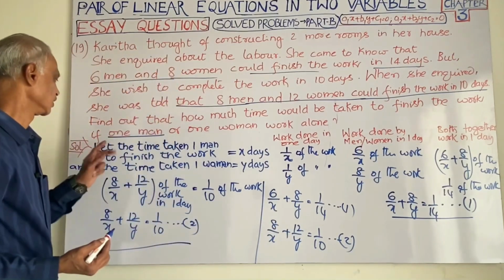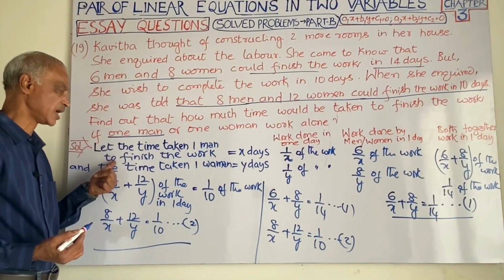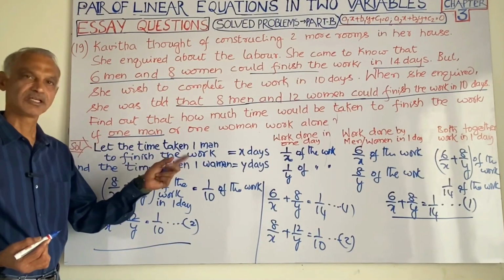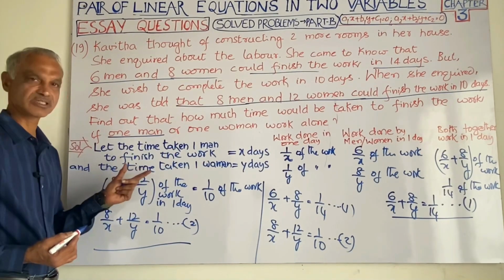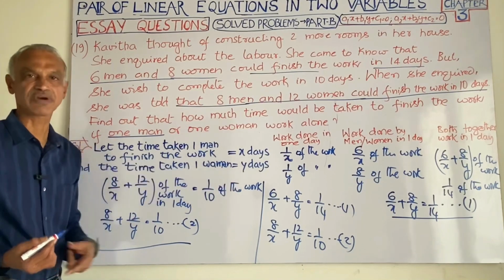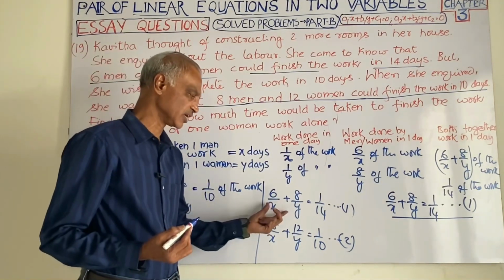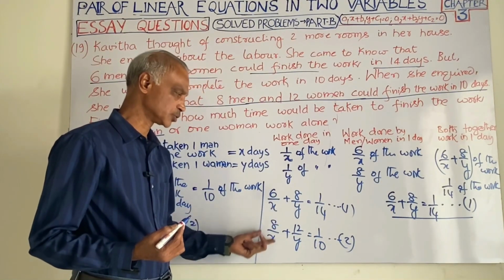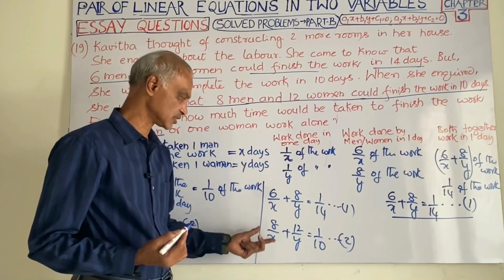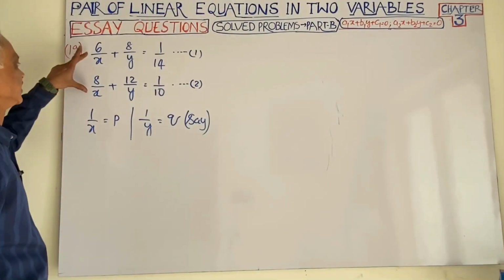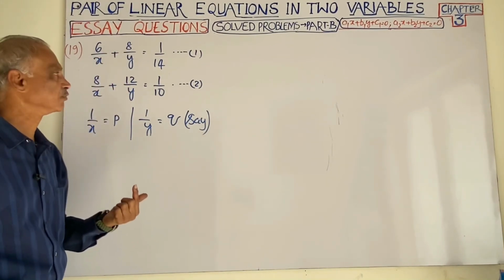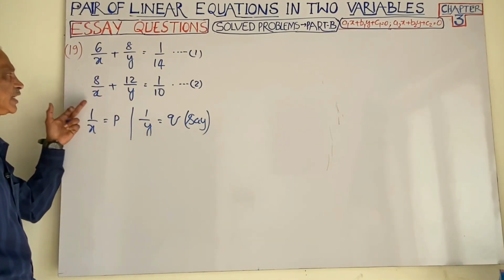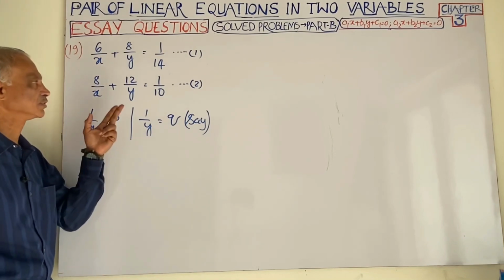We will get the time taken by a man to finish the work, that is x days, and the time taken by a woman to finish the work, y days. We have to find the values of x and y from this pair of linear equations: 6 by x plus 8 by y is equal to 1 by 14, and 8 by x plus 12 by y is equal to 1 by 10.